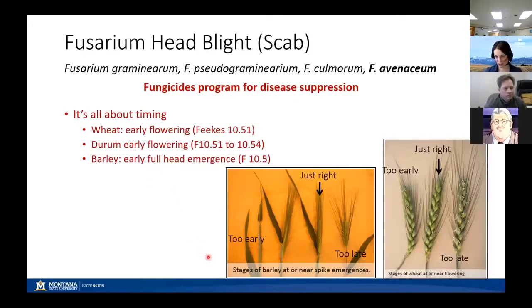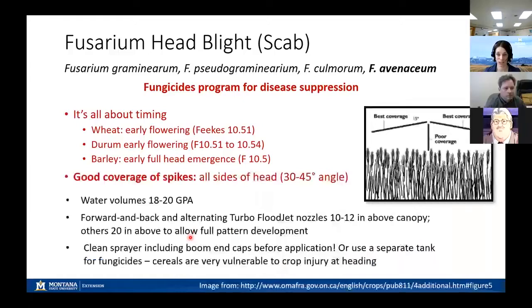And here are some pictures to indicate what your crop looks like at the ideal time for application of fungicides. And again, this is a reason why you want to aim for a crop that develops very homogeneously, so that it will be easier for you to determine when is the right time for this fungicide application.